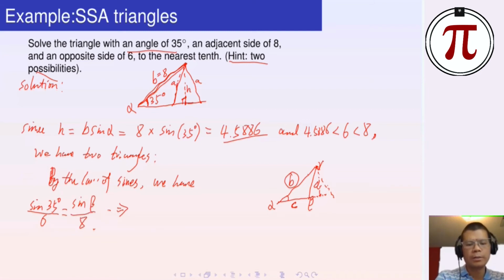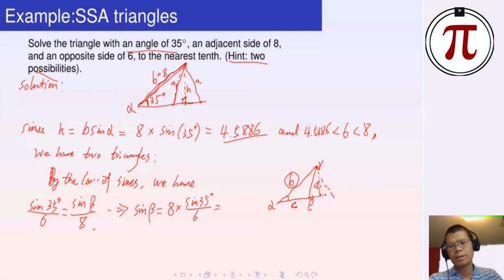B equals 8. So sine of beta equals 8 times sine 35 degrees over 6. It's easier for the calculation. So 8 times sine of 35 degrees, close the parentheses, over 6.